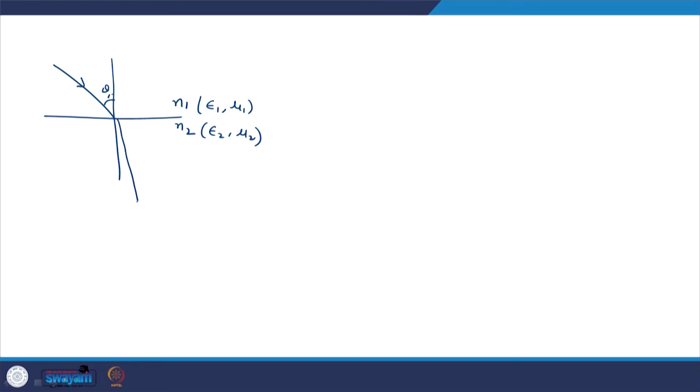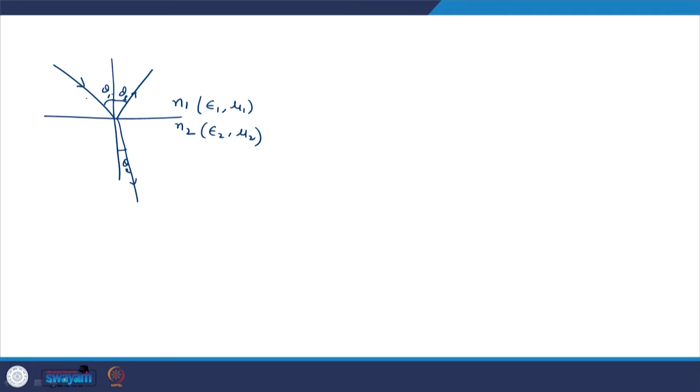Let us consider an interface of two media, and we have refractive indices n1 and n2 for media 1 and 2, and they also have epsilon 1 mu 1, epsilon 2 mu 2, and we consider that an electromagnetic wave is incident at angle theta 1, a part of it gets refracted at angle theta 2, and part of it gets reflected, let us say at angle theta 3.